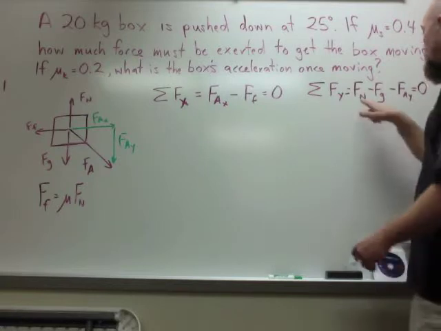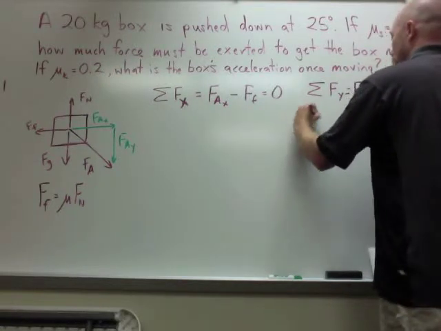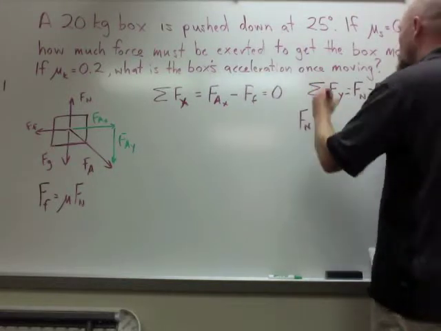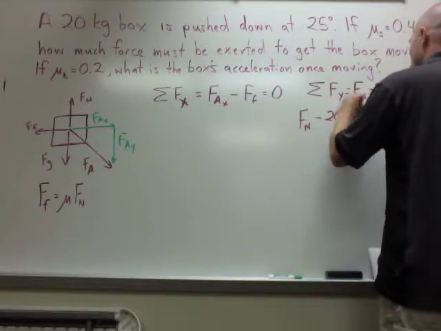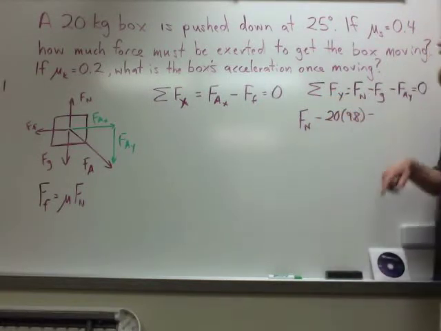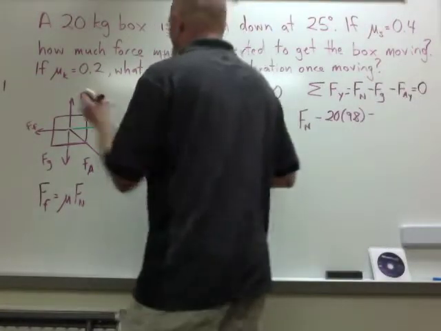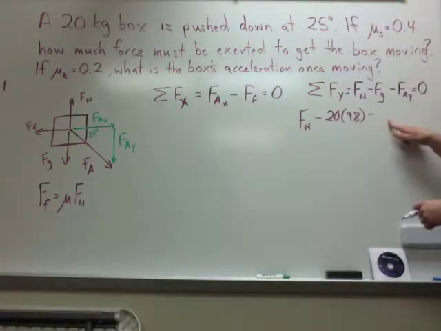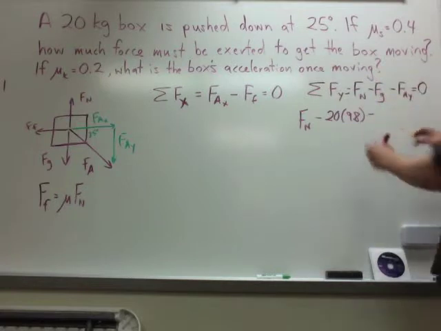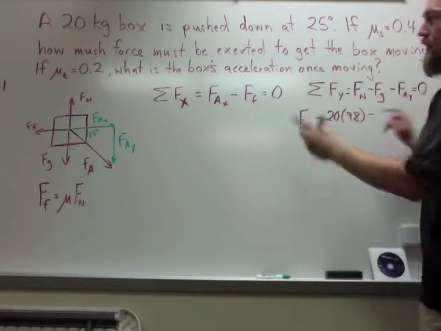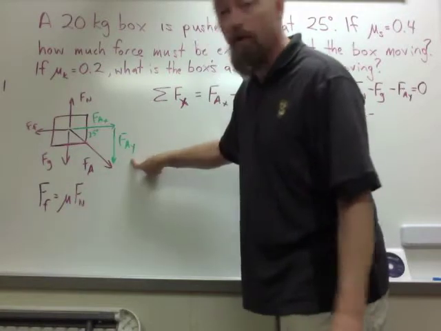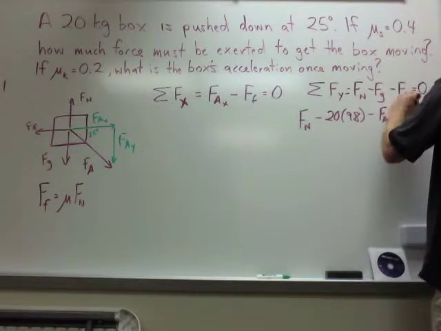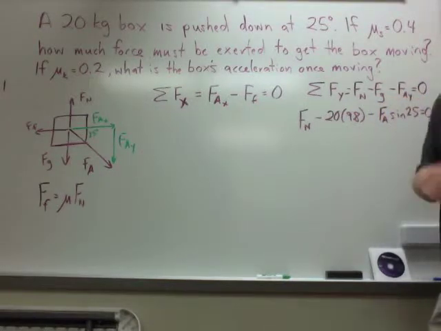Fn minus Fg, remember, Fg is m times g, that's how you find weight, so 20 times 9.8, minus Fay. Fay is going to be Fa times the sine of 25, because sine is opposite. And that all equals 0.